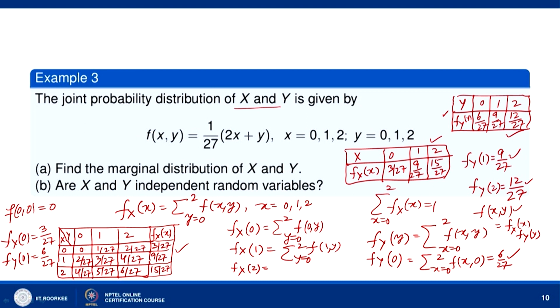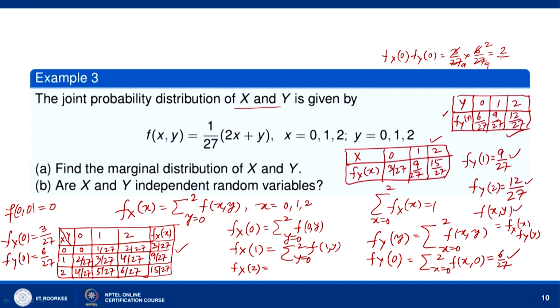So, fx(0) into fy(0) is 3/27 into 6/27. So, this is 1/9 and this is 2/9.